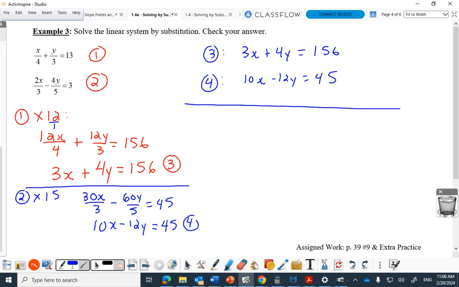So, isolate x in equation 3. Same steps, but I know what's coming. Fractions are coming. 3x plus 4y equals 156. Bring the 4y over, and then divide it all by 3.